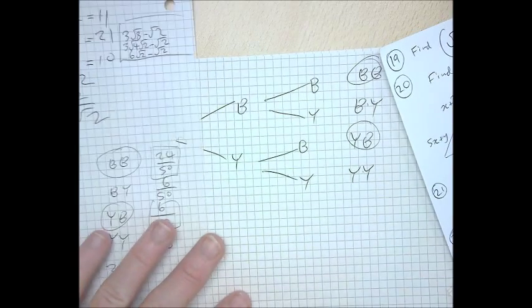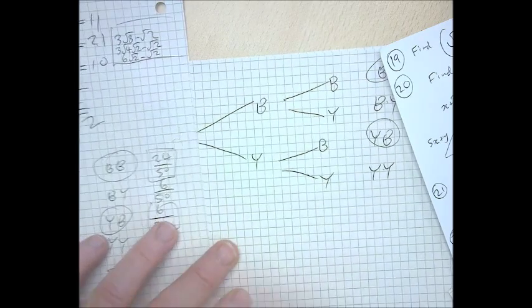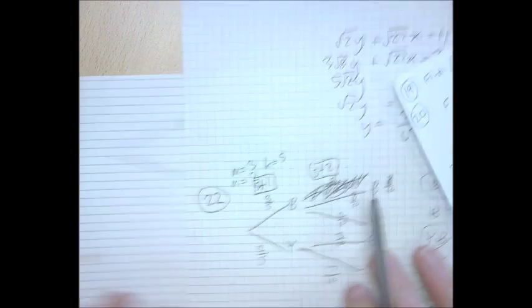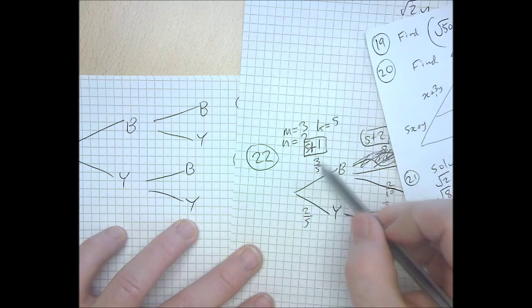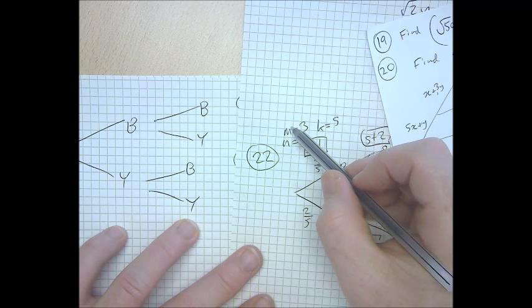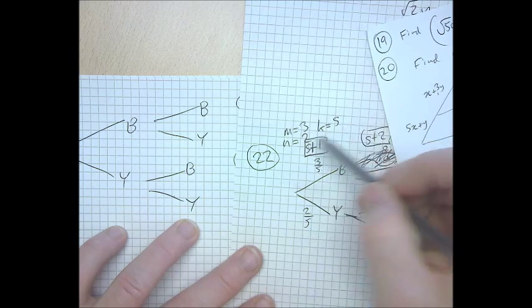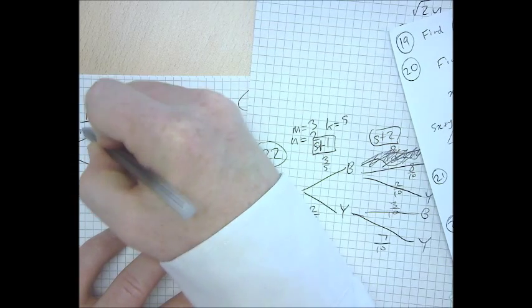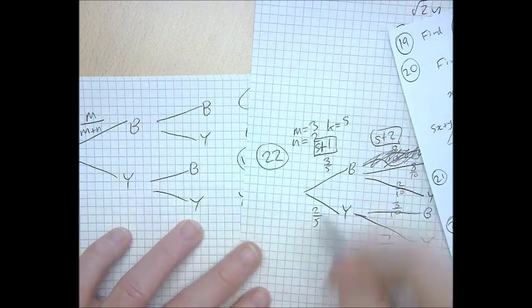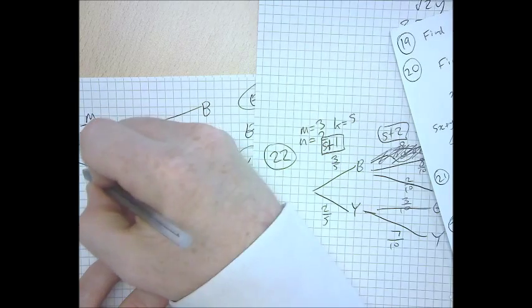Okay, so I had 3 out of 5, but now it's m and n, not 3 plus 2. So it's m over m plus n. Down here, it's not a 2, it's now an n, so it's n over m plus n.